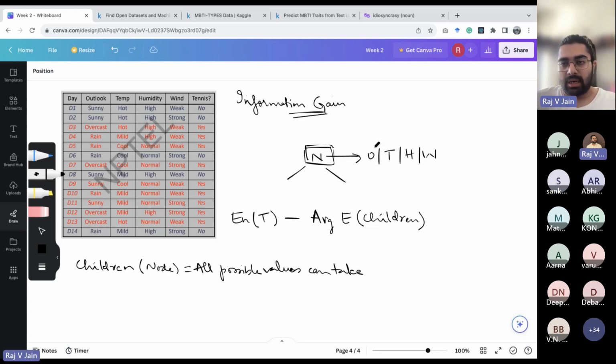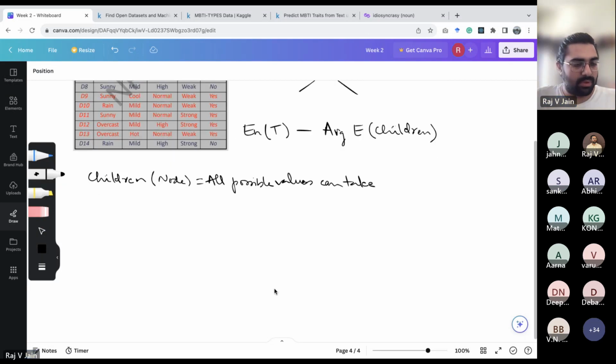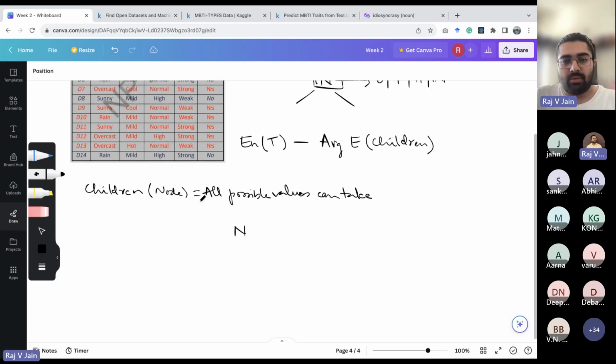So here, if I were to select, let's say, Outlook as my possible values for this first node, right?